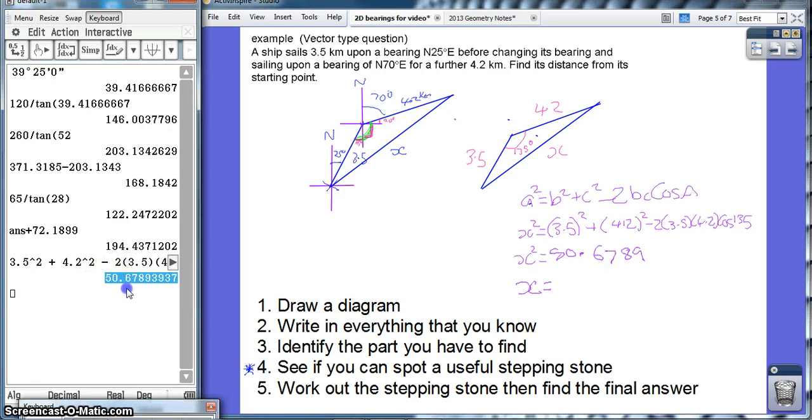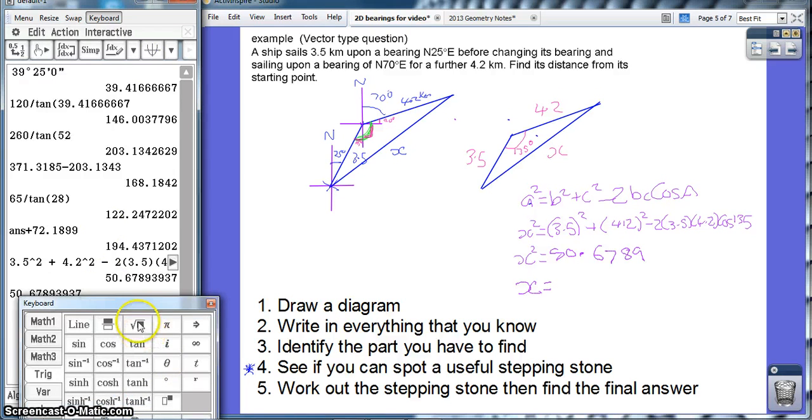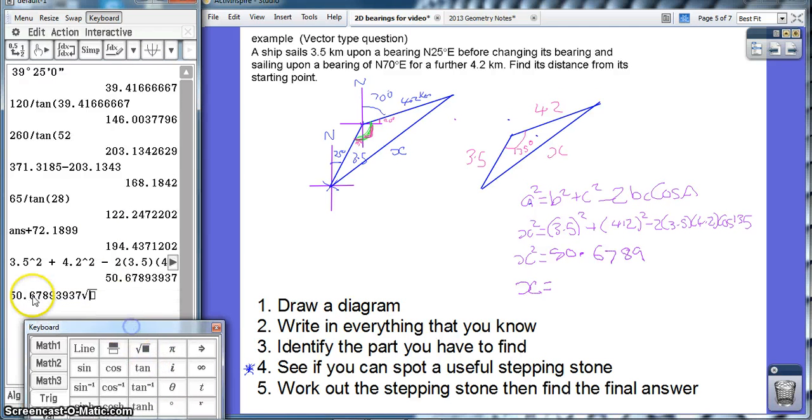So over here, I can drag that down, bring my keyboard up again. There we go.